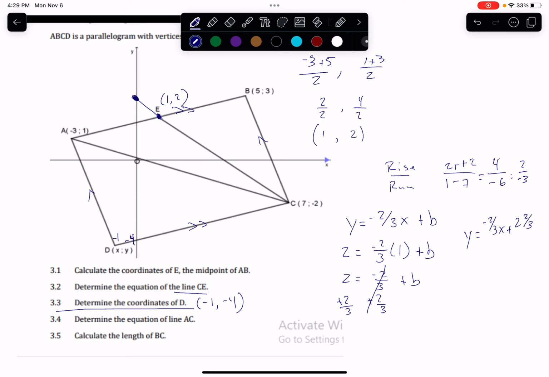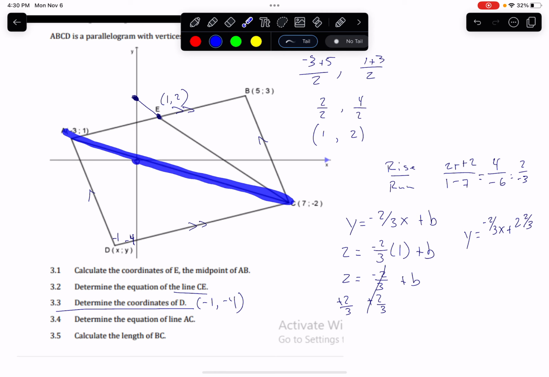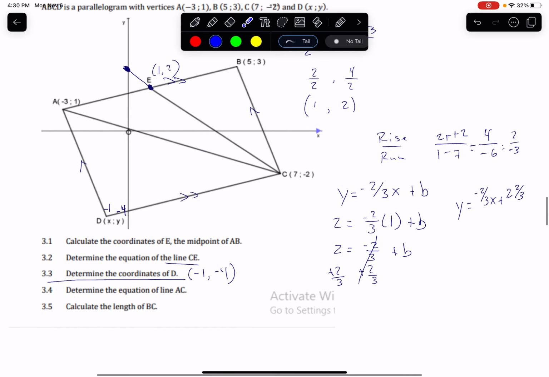What's the equation of the line AC, from A to C? So we're going to do the same thing we just did a second ago. We'll take our 2 points and find the slope. So let's get rid of some of this writing. Pause this and get this copy down.